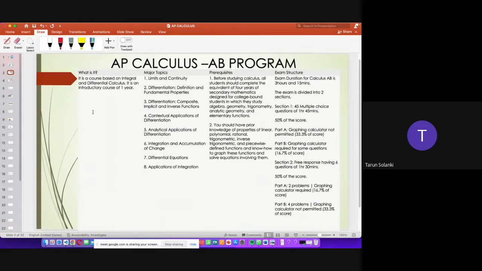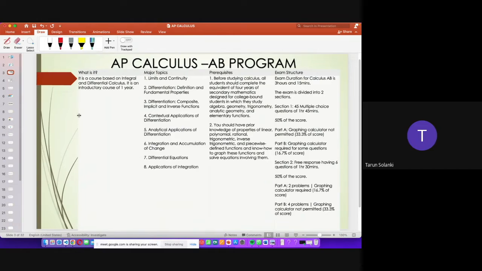Let's discuss a few things about the AB program first. This course is based on integral and differential calculus. It is an introductory course for one year. The topics covered in the AB program are: first, limits and continuity. Second, differentiation, which includes definitions and fundamental properties of differentiation.